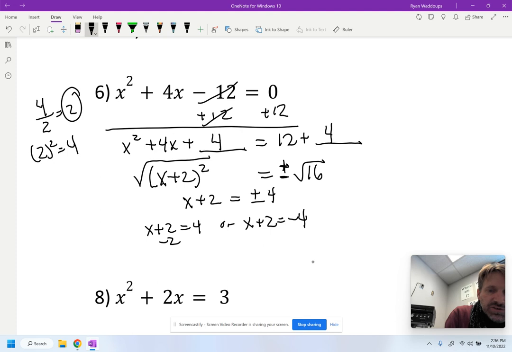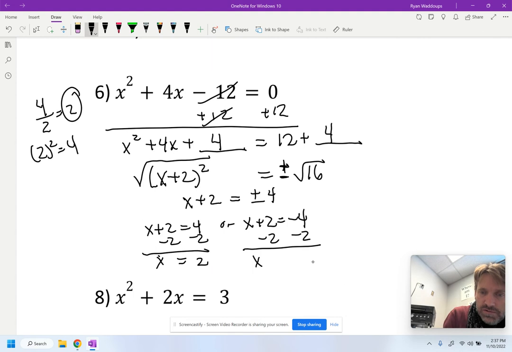So then I subtract 2 from both sides, and x equals 2. And then I subtract 2 from both sides, and x equals -6. And so my solution set is x is equal to -6 or 2.